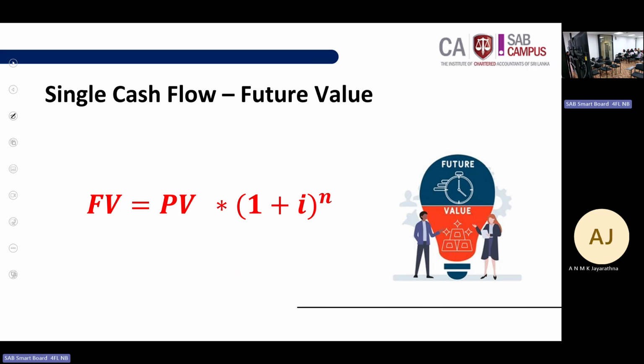Future value equals, very good, present value multiplied by 1 plus R, or 1 plus I, to the power n. This is the formula if it is a single cash flow and you want to calculate the future value.